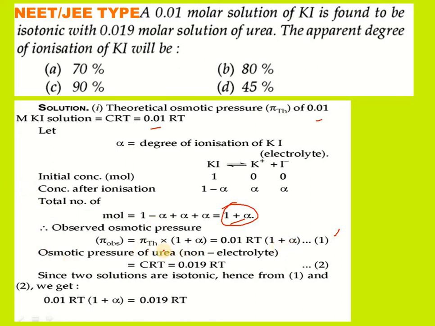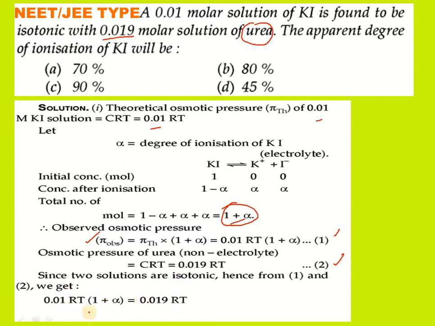Now the osmotic pressure of urea. Urea is the second solution; the first solution was calculated for potassium iodide. For urea, this is already given as 0.19 RT. So this is the second equation. Both should be equal as they are said to be isotonic solutions.